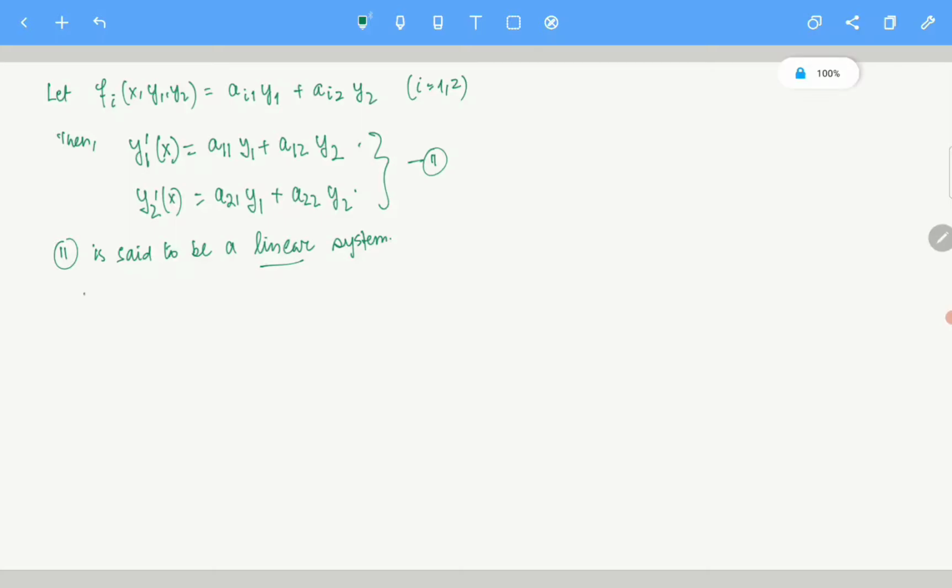Now 2 can be rewritten as y1 of x, y2 of x, equals a11, a12, a21, a22, which is a 2 cross 2 matrix, right?